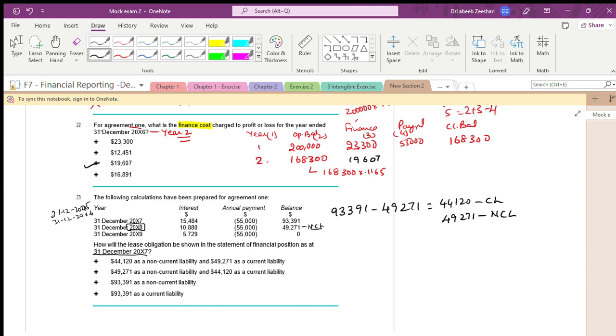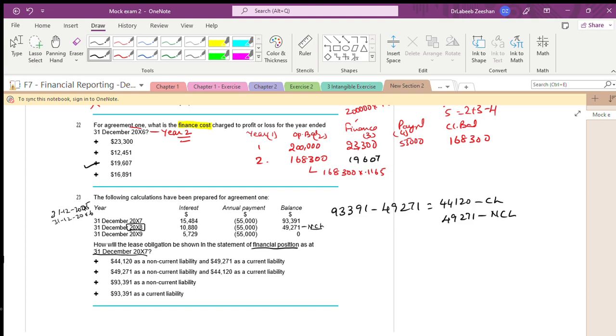Now they are talking in terms of 31st December 2007. Is it right? If you take the 31st December 2007 financial position, how much is the balance?